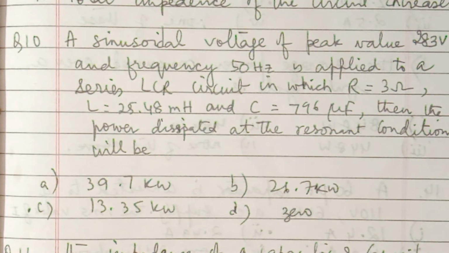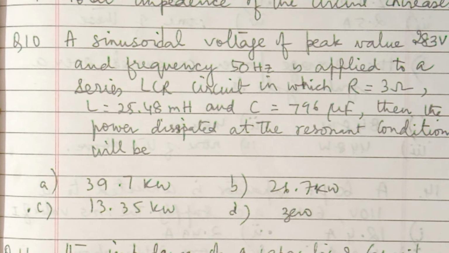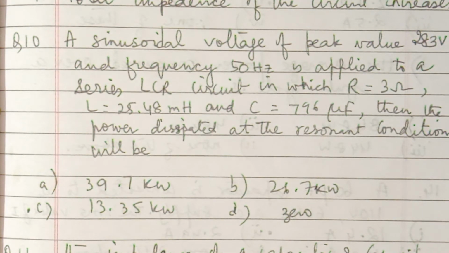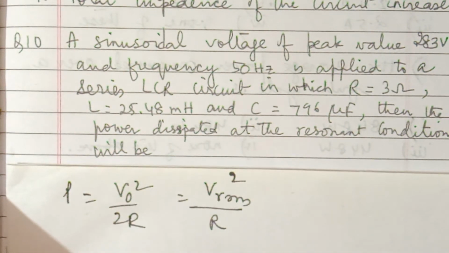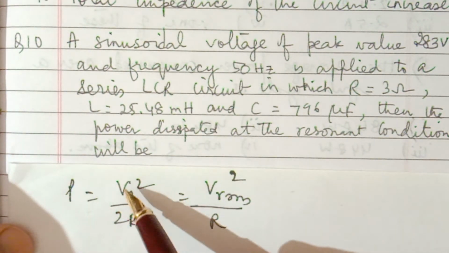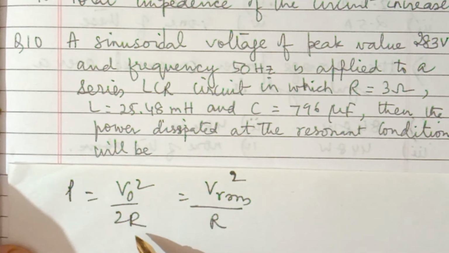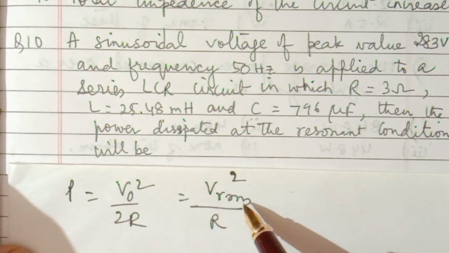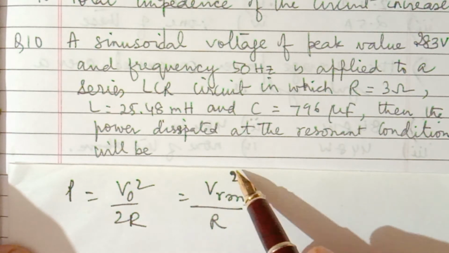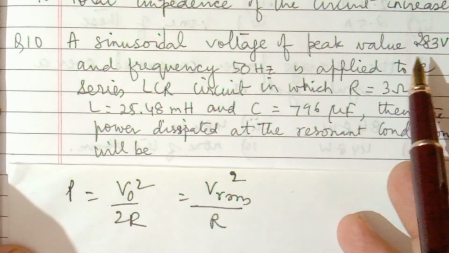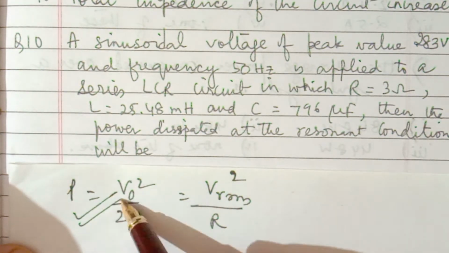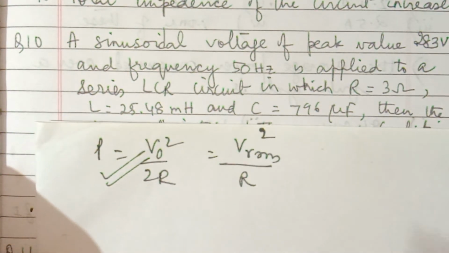So here the resonance condition is given and the value of LCR given, peak value of the voltage is also given. Then what is the power dissipated in the resonance condition? So we have formula power equals V naught square by 2R, or you can use RMS value also, V RMS square by R. But here peak value is given, then we can use this formula.